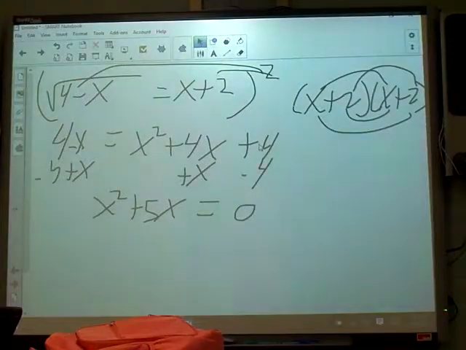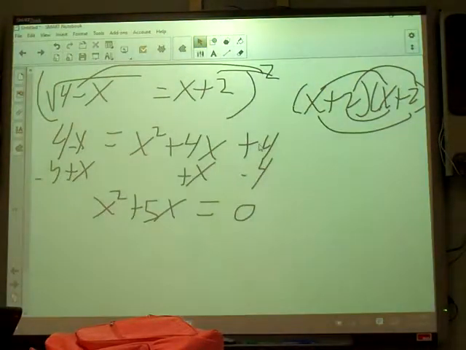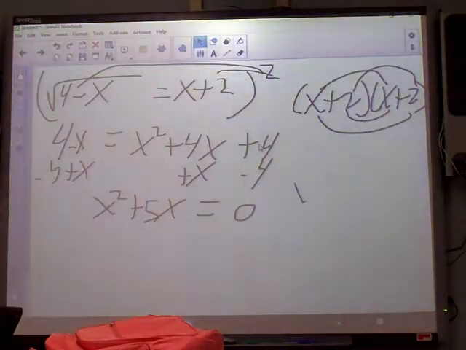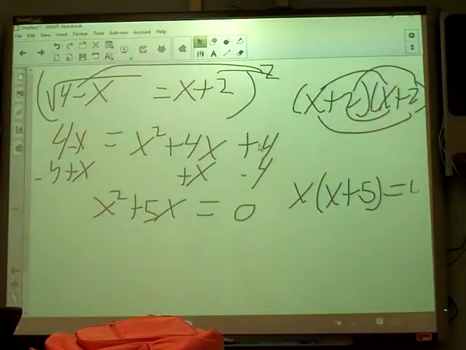Okay. If that had been a trinomial there, x squared plus 5x plus 6, something along those lines, we would try to factor it. But this is just a binomial, and it's easy to factor that one because it has a GCF of x. Okay, so taking x out of that, that'll leave you with x plus 5 equals 0.